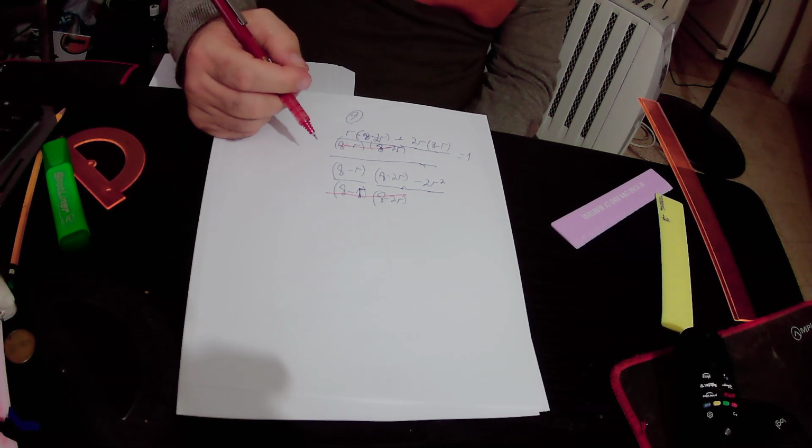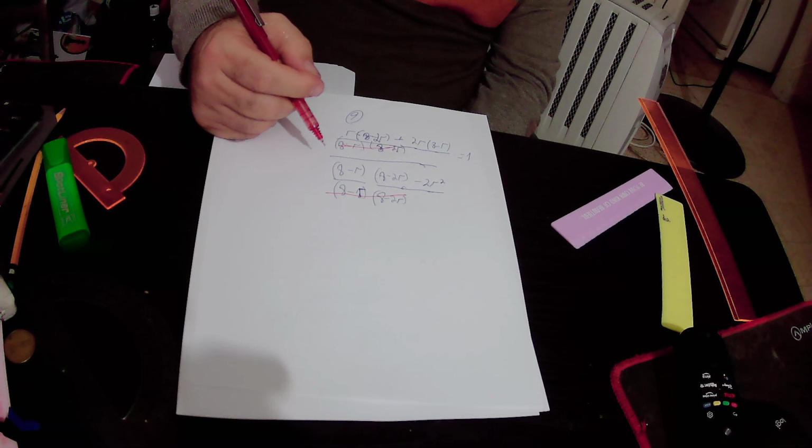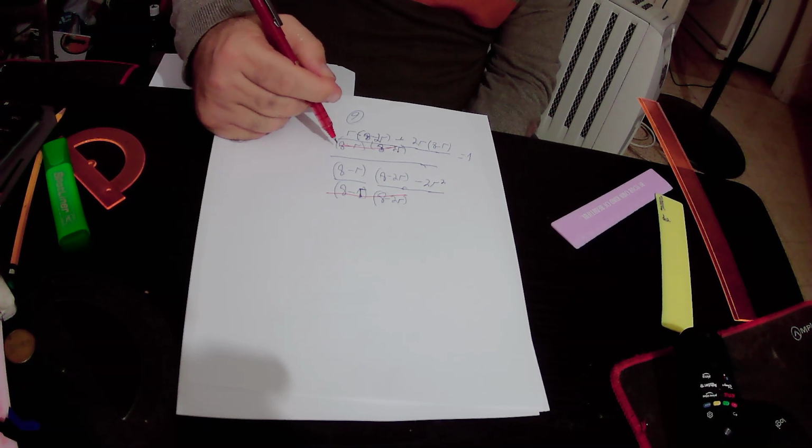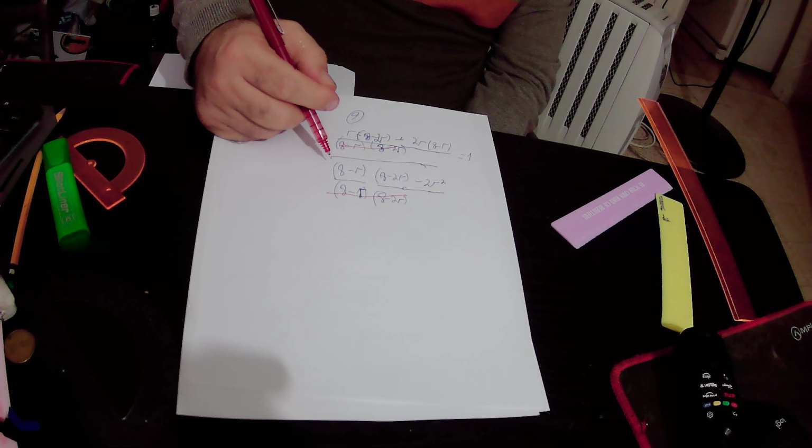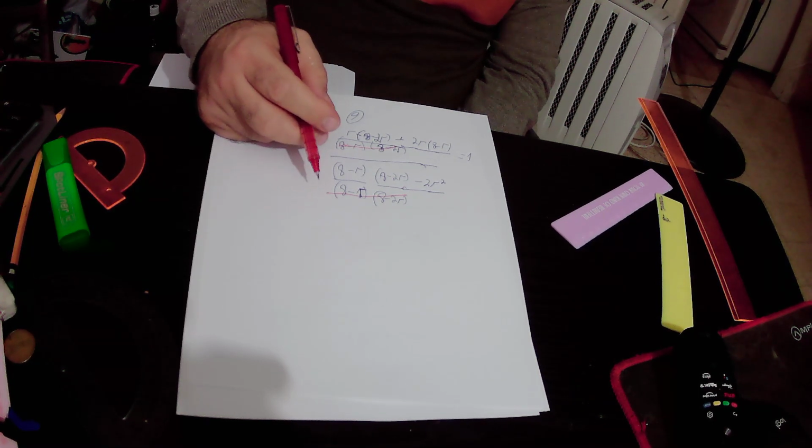So 1 means this expression is cancelled, because when you multiply a number by 1, it will remain the same as it was before.